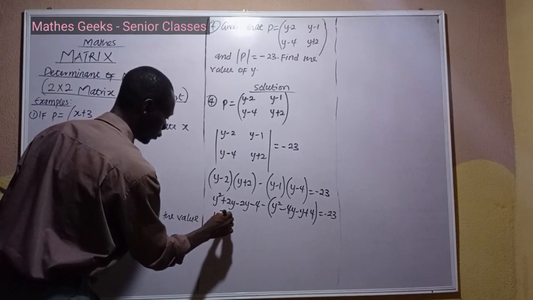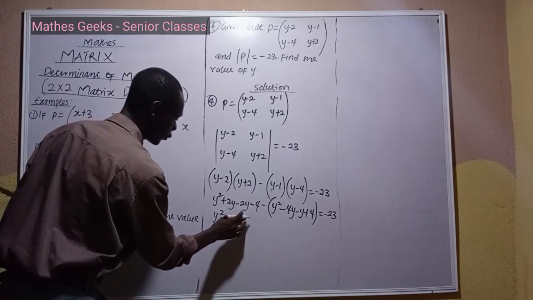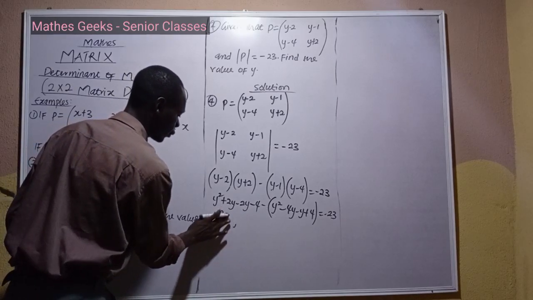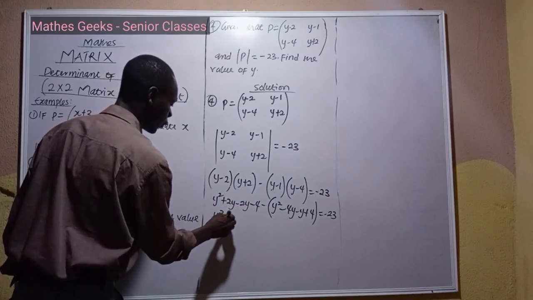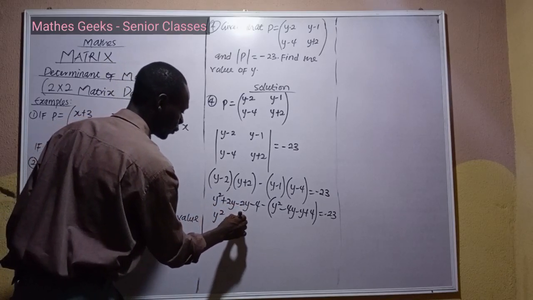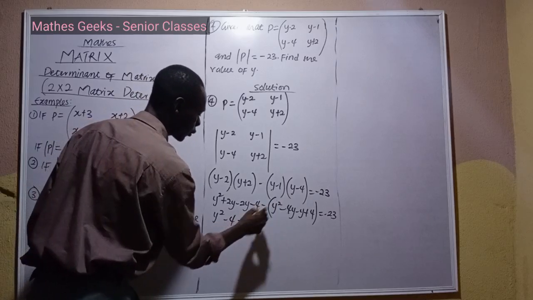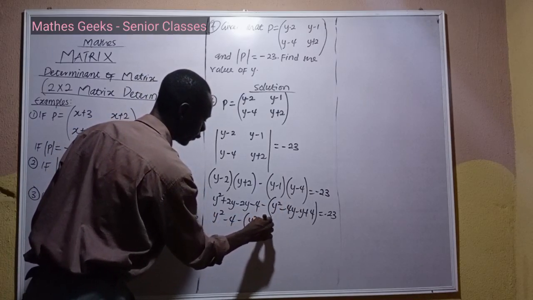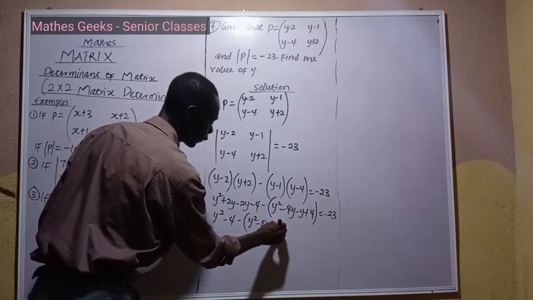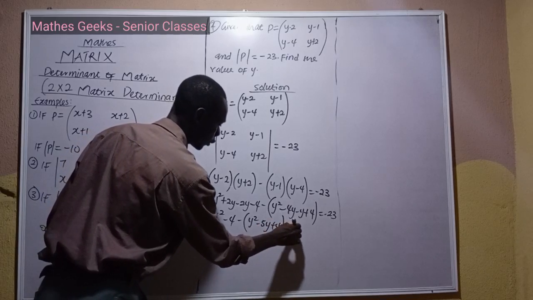So y squared plus 2y minus 2y is 0. Y squared minus 4 minus, closing brackets, y squared minus 4y minus y is minus 5y plus 4 equals minus 23.